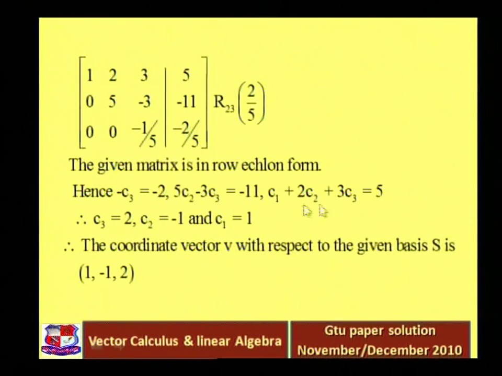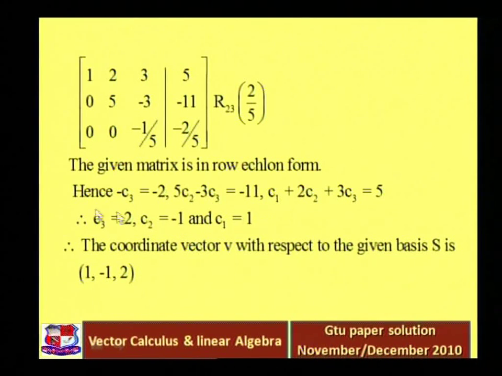Put the value of C3 in the second equation, you will get C2 is equal to minus 1, because 5 C2 minus 3 into 2, minus 6, 5 C2 minus 6 is equal to minus 11. That means 5 C2 is equal to minus 11 plus 6, so that is minus 5. So 5 C2 is equal to minus 5, so C2 is equal to minus 1.